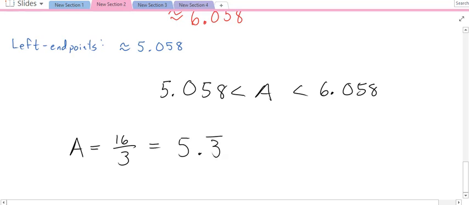So we do know that it falls in between our approximations, but we would need even more endpoints because we're not even right in the first decimal place yet. But we will learn methods for calculating these limits and these areas under the curve in this section and in the next couple.